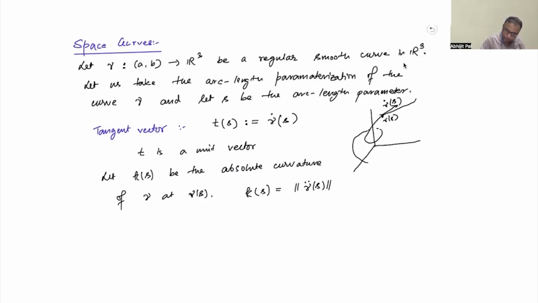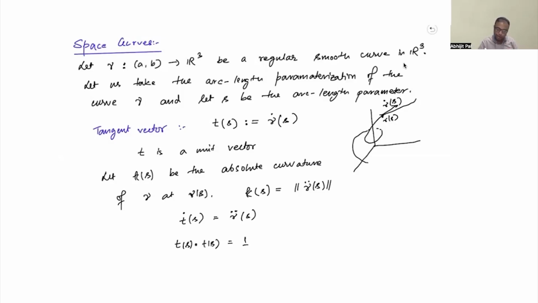All right. Now if I take the derivative of this tangent vector, this will be equal to gamma double dot s. What we know is that because the tangent vector is a unit vector, the dot product of Ts with Ts is equal to the square of the norm, which is 1.